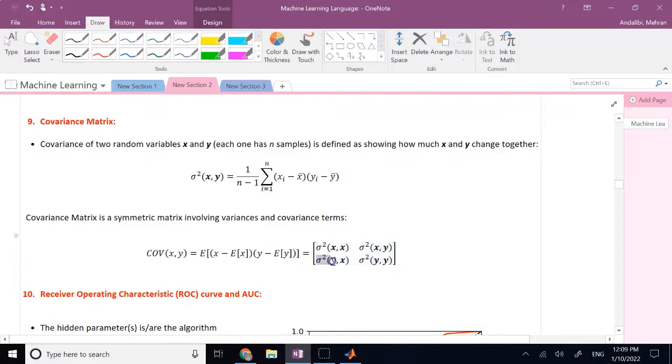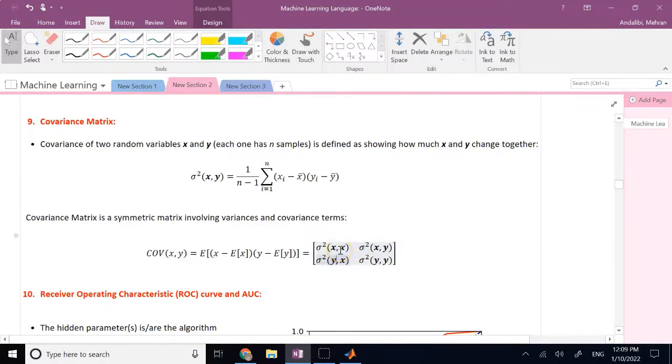So this element is the covariance value between X and Y. So this matrix is always symmetric, because the order of X and Y in this formula does not affect anything, right? The diagonal elements of the covariance matrix are the variances of each of the vectors, and the off-diagonal elements are the covariances between two of the components.